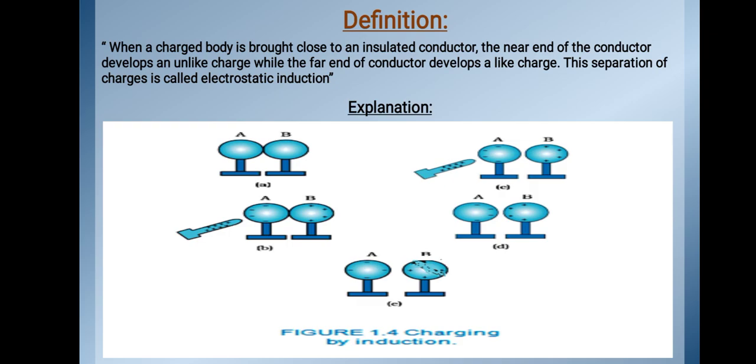But before, you have to keep in mind a few points. In the previous lecture you have learned the production of charges by friction: by rubbing two objects against each other, the charge will be shifted from one object to the surface of the other object.